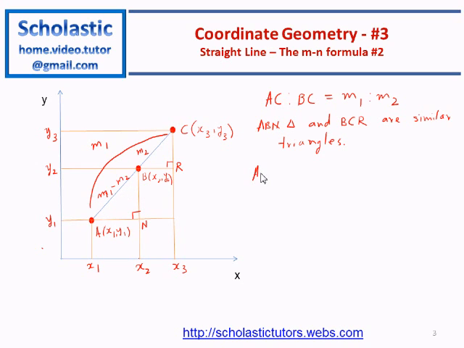AB over BC ratio is actually given by M1 minus M2 divided by M2, which is equal to AN divided by BR, which is equal to BN divided by CR.